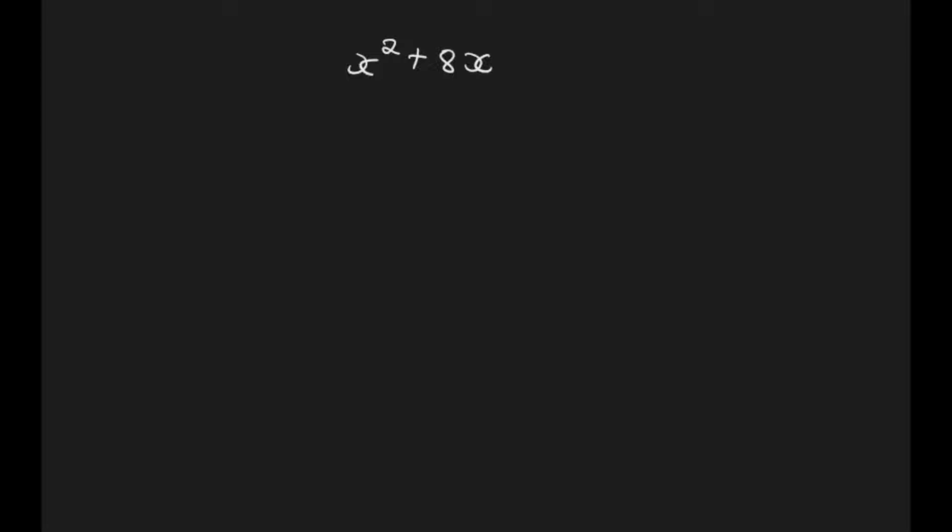So to complete the square for this expression, you look at the coefficient of x squared, which is 1. So in this case, you write x squared, then you say plus 8x.